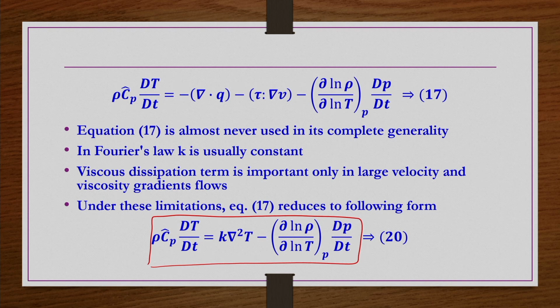This is even further simplified compared to our previous equation number 17, because now we have taken in Fourier's law k constant and we have neglected the viscous dissipation terms.